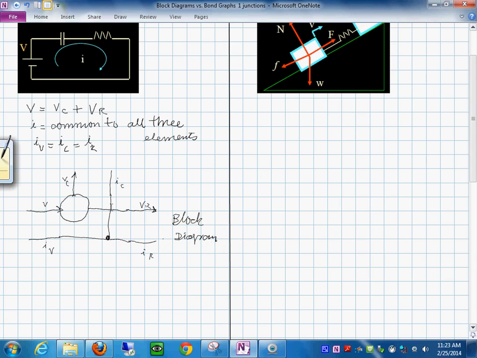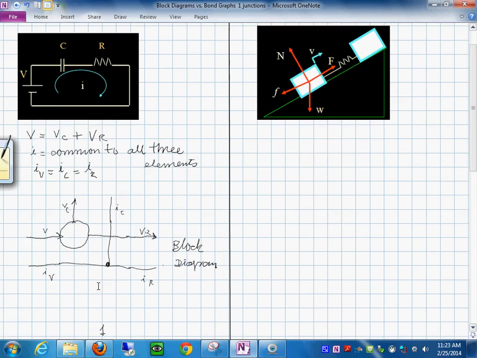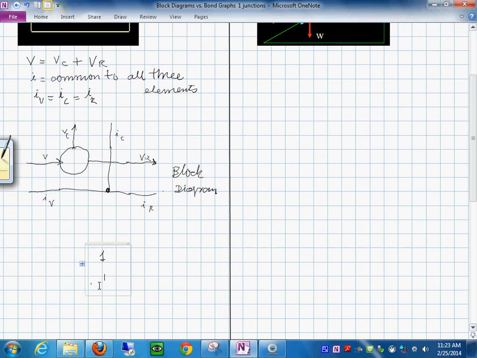So in here we go and we say, okay, this is a one junction in here. And then you're gonna have a connection that goes like this, where this is the voltage V, this is V of the capacitor, and this is V of the resistor in here.